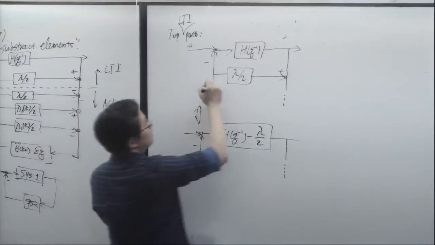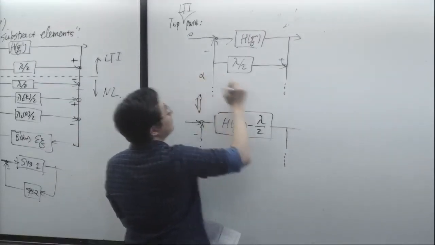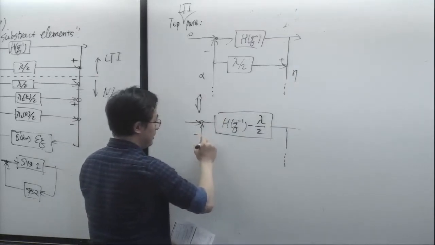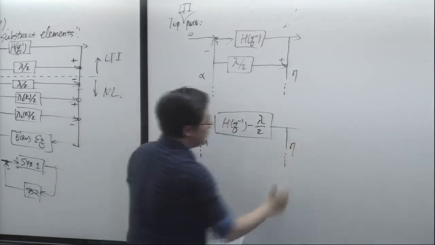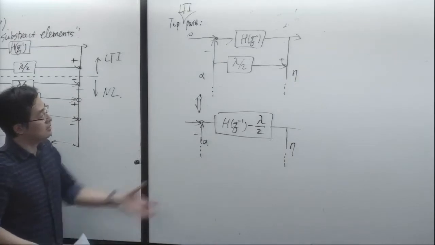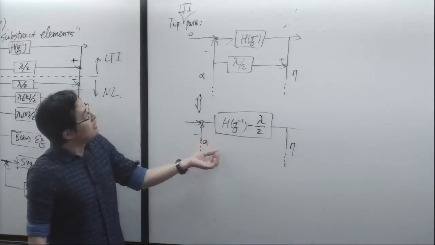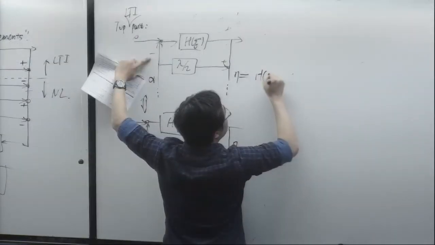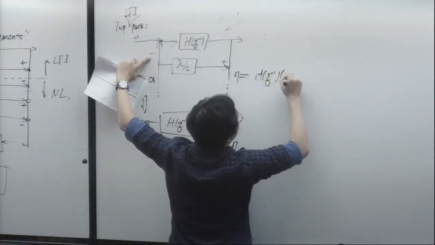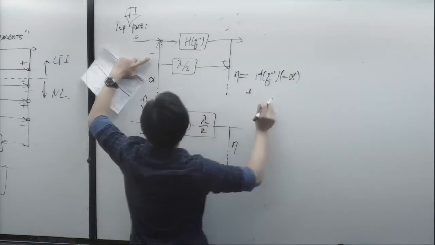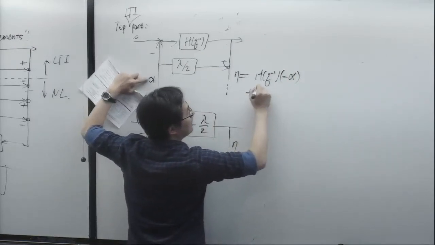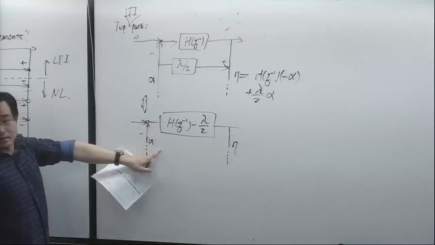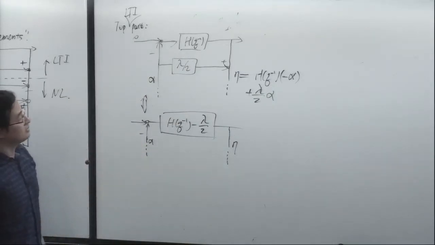Okay, so let's say this signal is alpha, this is eta. Then you can see the two block diagrams are exactly equivalent. In here, eta is going to be equal to HQ inverse times negative alpha plus half of lambda alpha. Then you can verify it's the same in the bottom over here.